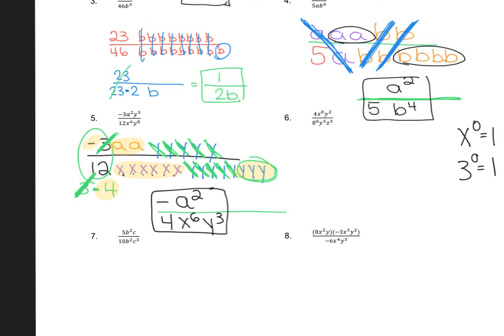We could say 321 to the 0th power is still equal to 1. B to the 0th power is equal to 1. Okay, anything to the 0 power is equal to 1.